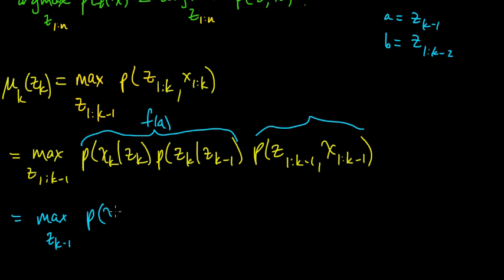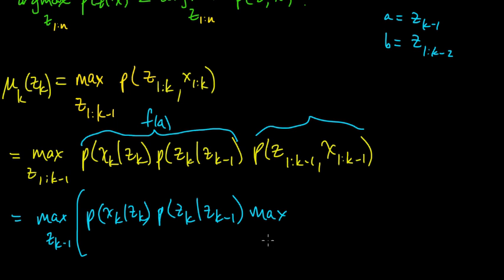So this is looking good: the probability of xk given zk, the probability of zk given zk minus 1, and that's the max over all of that on the outside. Then the max over z from 1 to k minus 2 of the probability of z from 1 to k minus 1 and x from 1 to k minus 1.